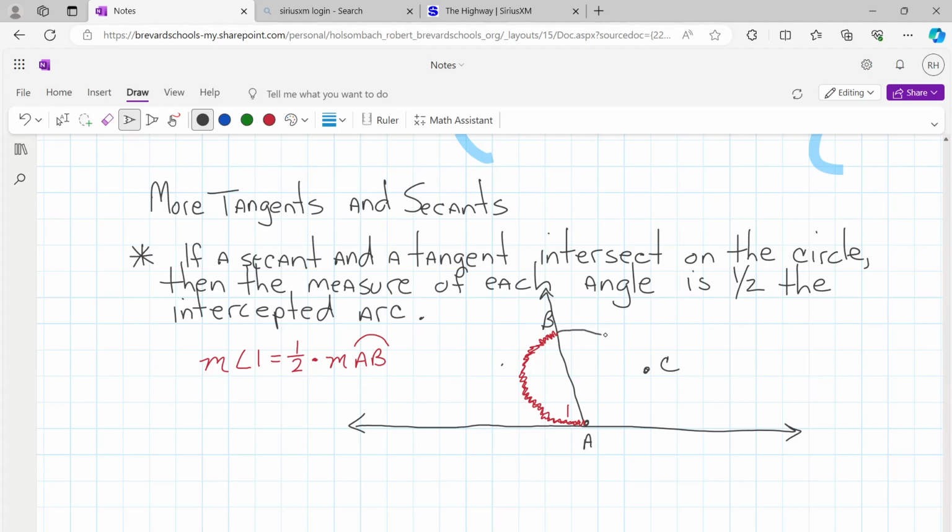One way would be to subtract angle 1 from 180 because these two are a linear pair. Or we use the same rule. The measure of angle 2 is equal to half of its intercepted arc, and here's its intercepted arc. So the measure of angle 2 is equal to 1/2 times the measure of arc BCA.